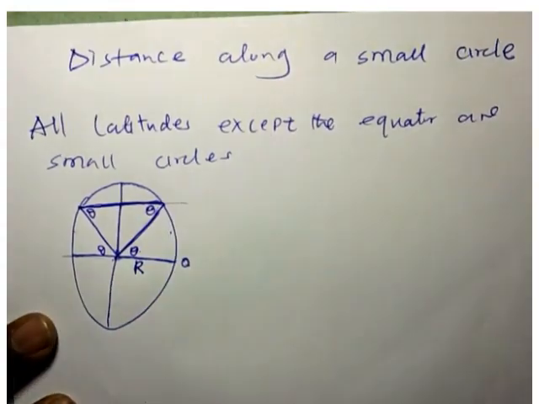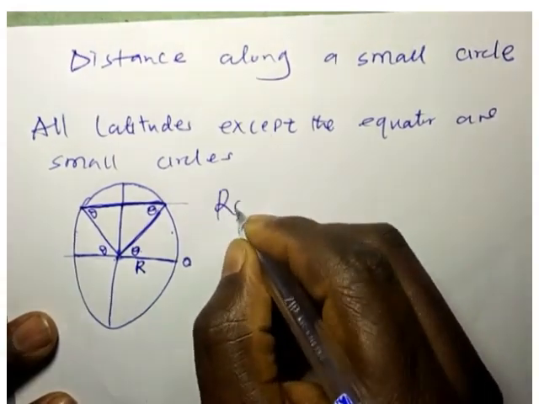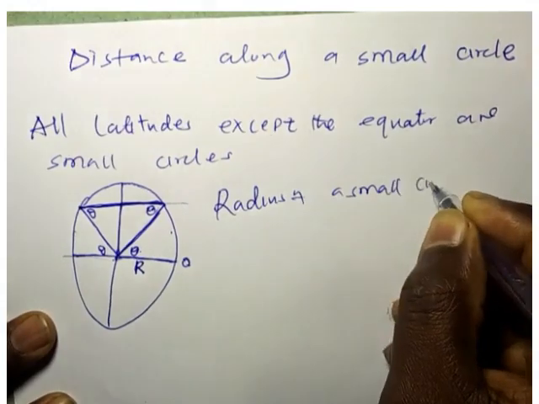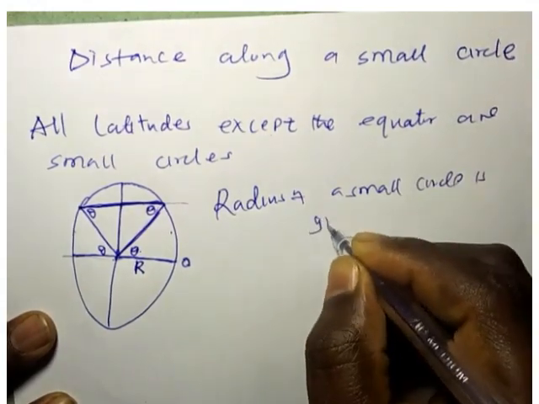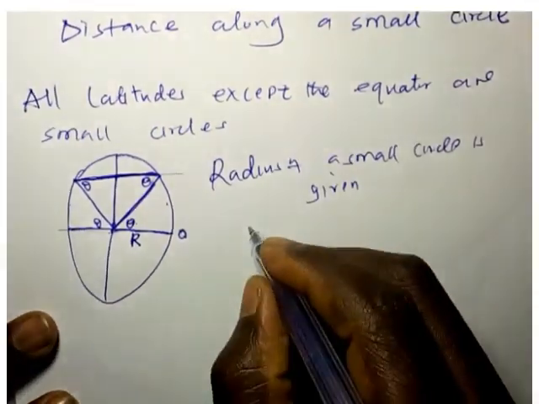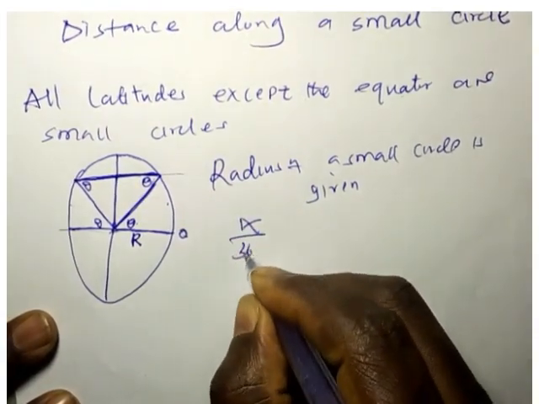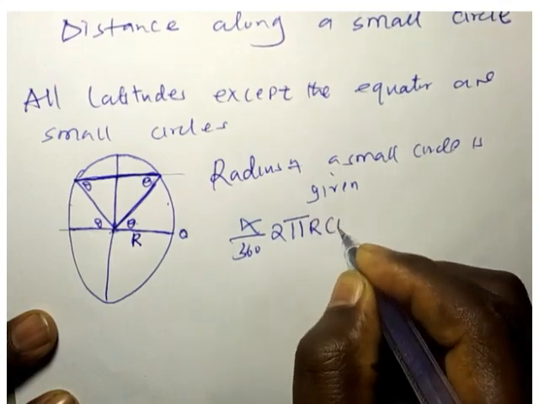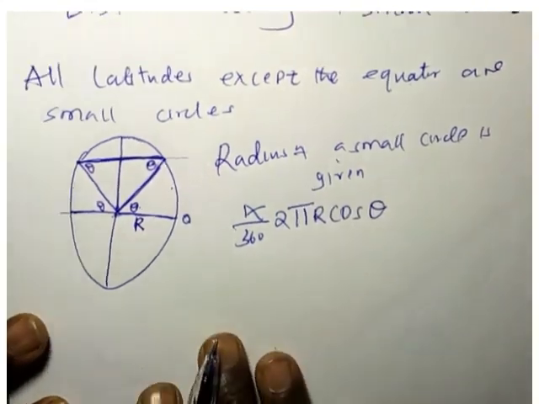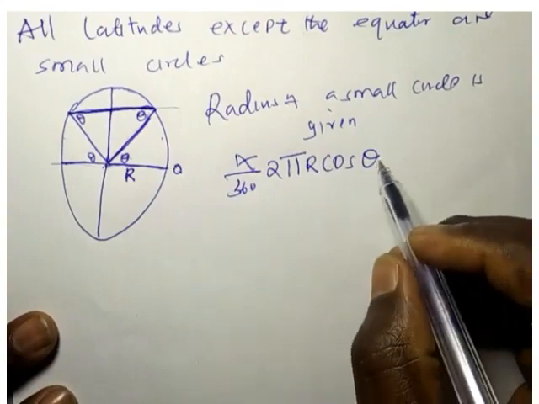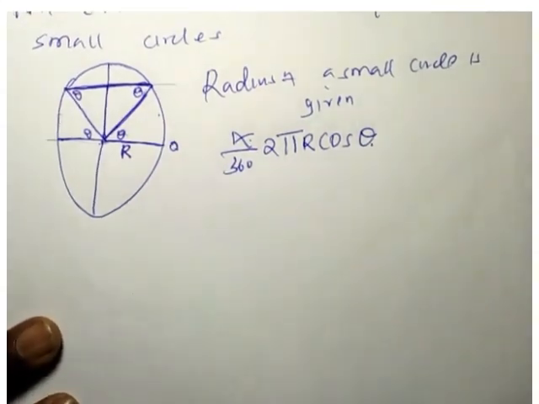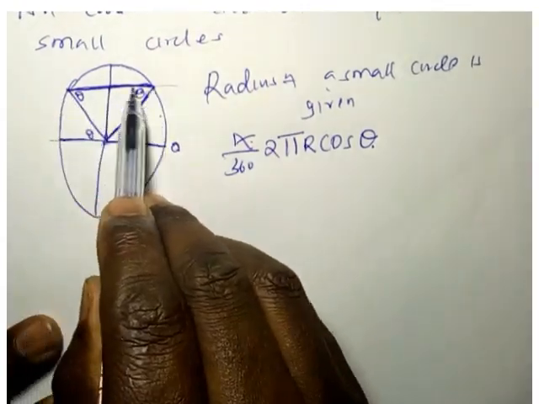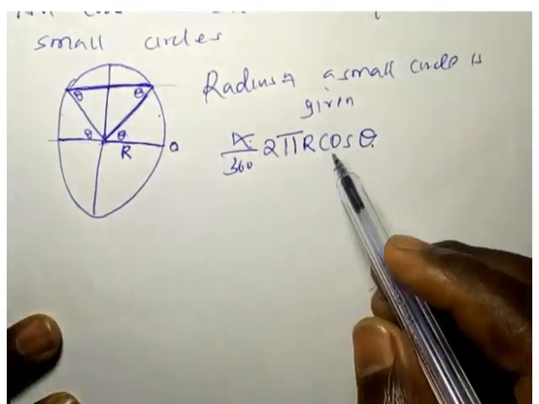And then the distance along a small circle is given by alpha over 360 times 2 pi r cos theta. Now I want to define what these are. Because this is a small circle, there will be a latitude there. So that latitude angle is theta.